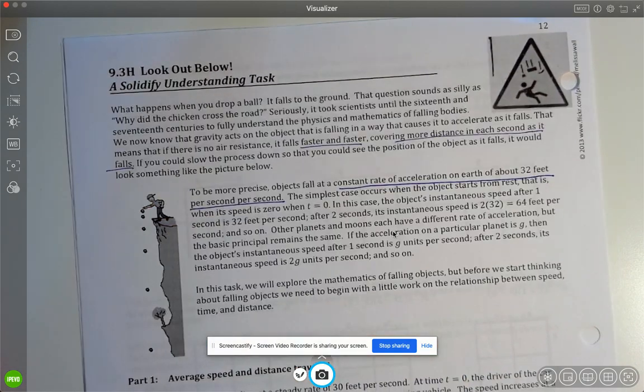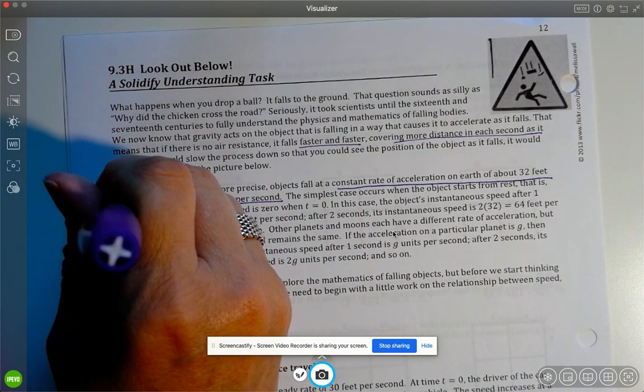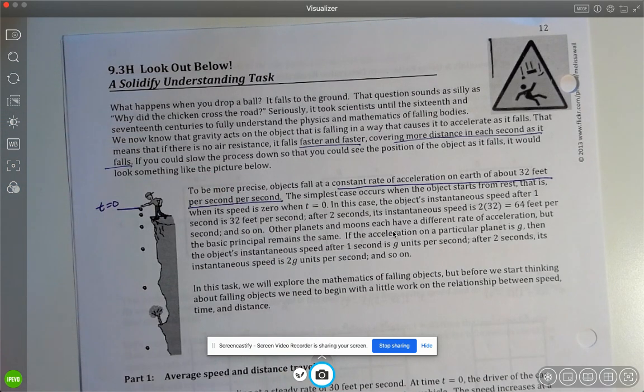The simplest case occurs when the object fall starts from rest, that is when its speed when t equals 0, like here, t equals 0. In this case, the object's instantaneous speed after 1 second is 32 feet per second.